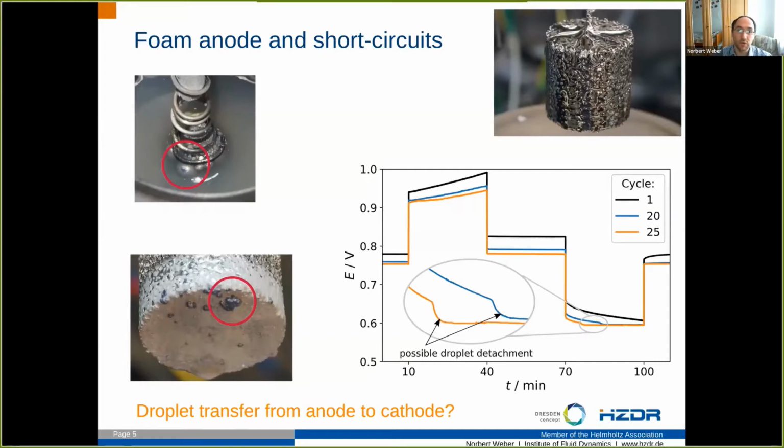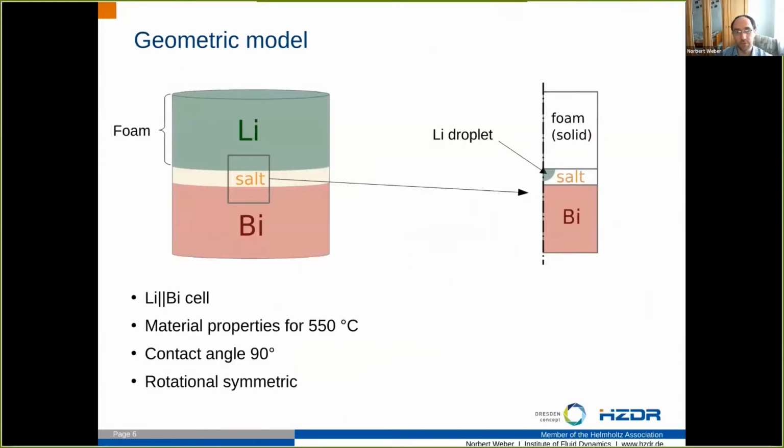This can of course be driven by the Lorentz forces, by a pinching force, by the current which goes through these bubbles. And this is basically the motivation for the simulations we performed.